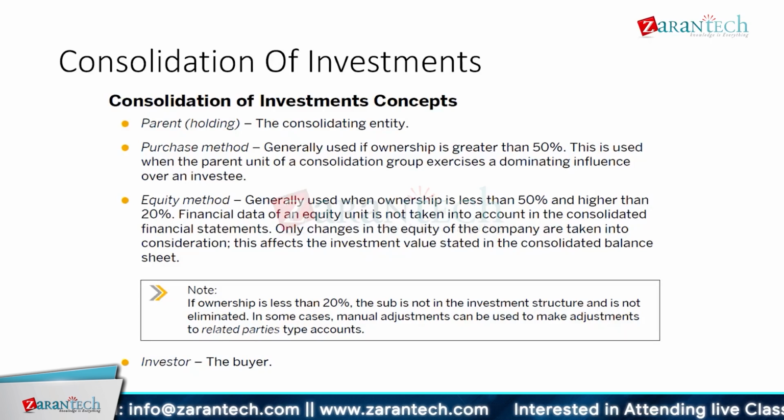Whatever you have done in your P&L of the current month, you move all to retained earnings. So the entire profit or revenue is sitting in the retained earnings account, and out of that, the percentage of holding is what you are going to take and report at the group level.